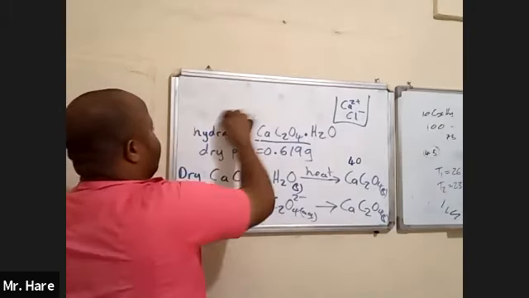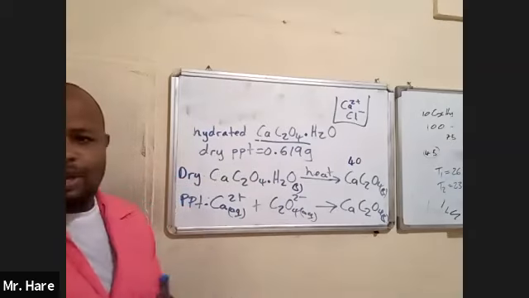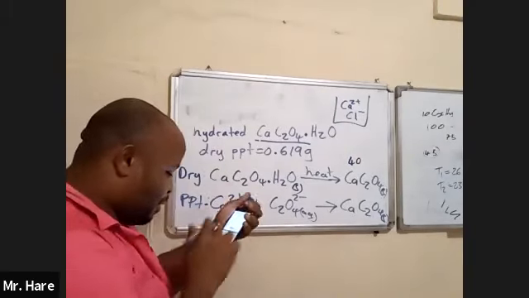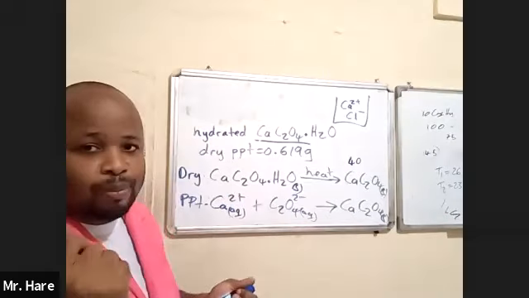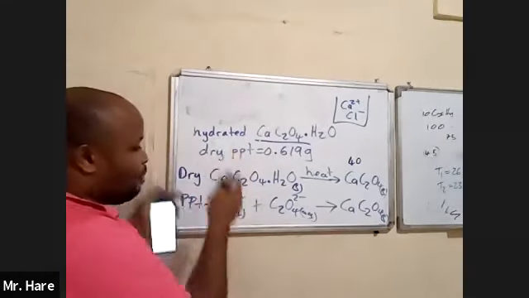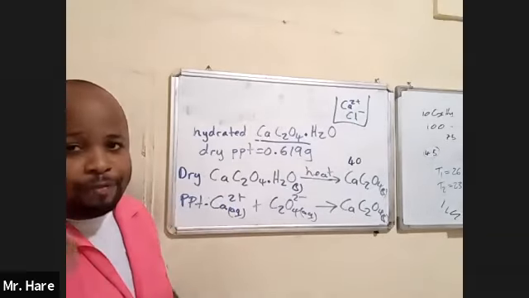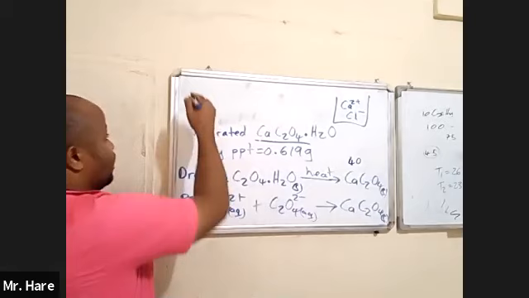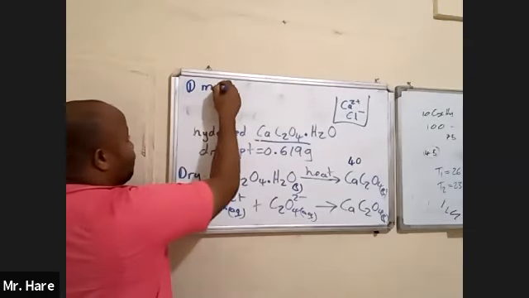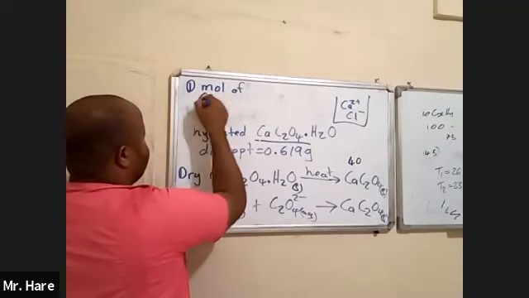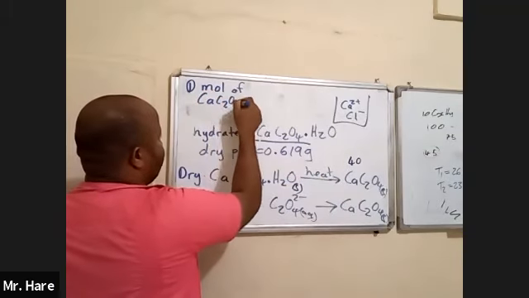128. So what we're doing now is calculating the percentage of calcium in the sample. For this form of gravimetry, the calculations are standard. The first thing we're going to do is calculate the moles of the precipitate, which is calcium oxalate, CaC2O4.